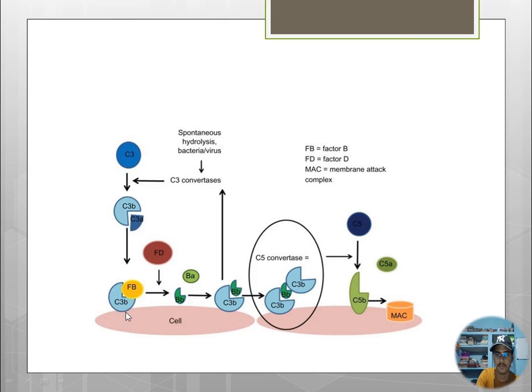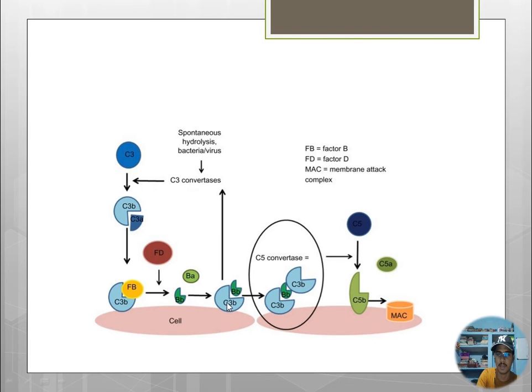And to this C3b, first the factor B gets attached, and this factor B is cleaved by the factor D into Bb and Ba.